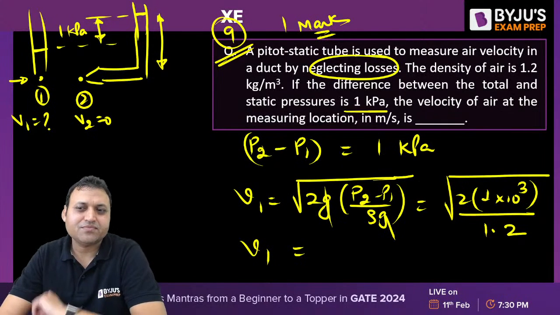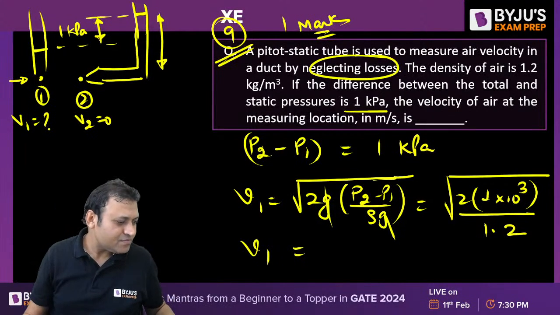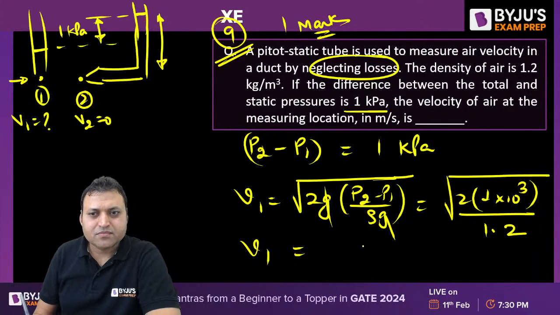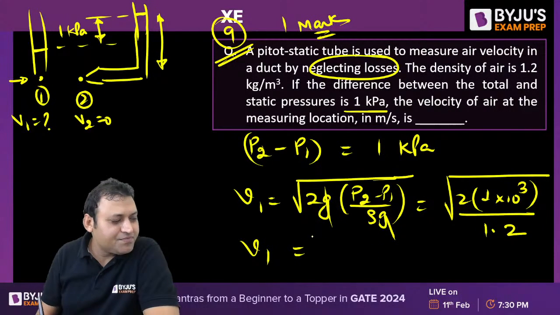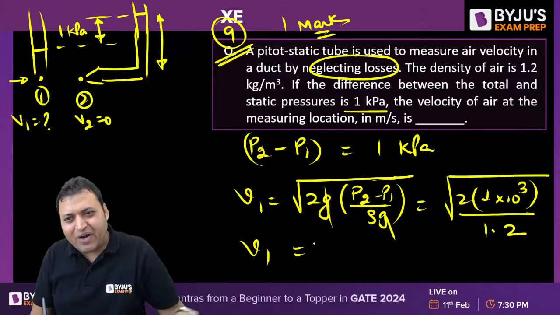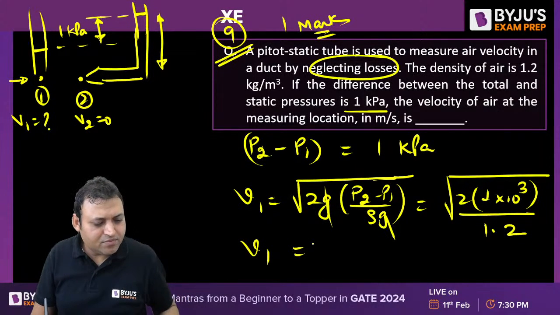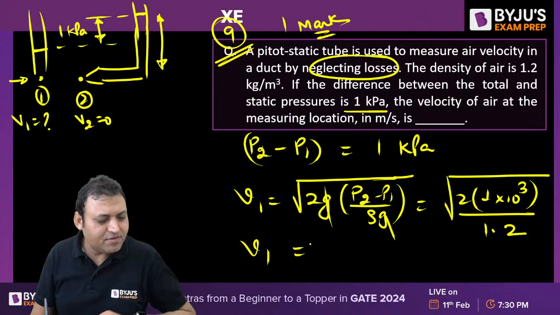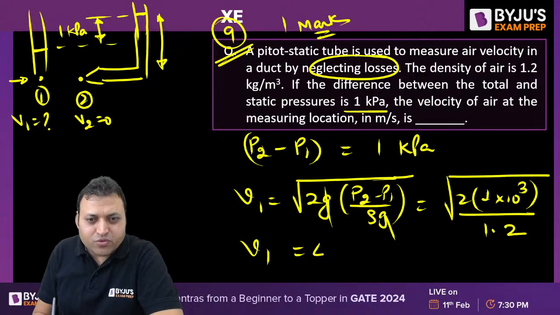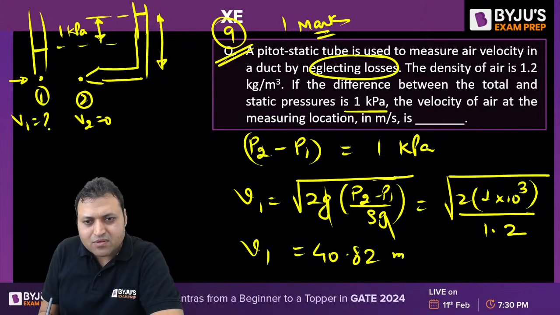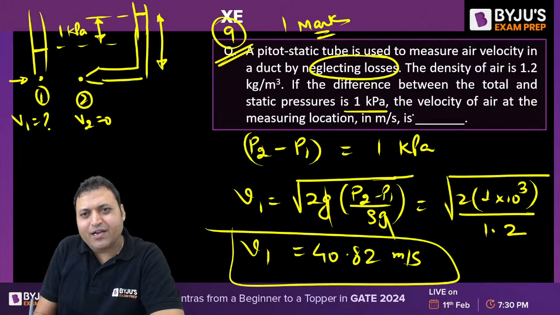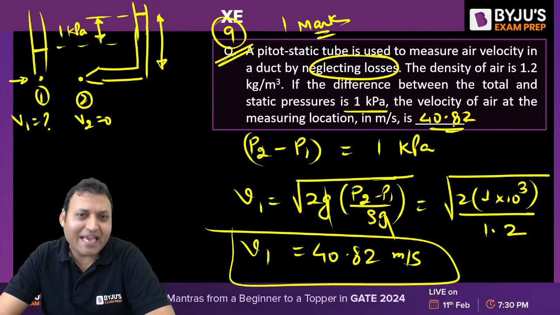It is 2000 divided by 1.2, and take the under root of this. Isn't it 40.82? 40.82 meter per second.